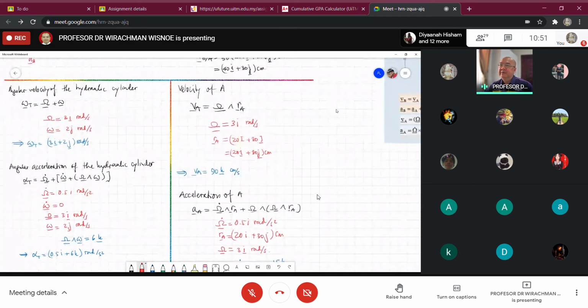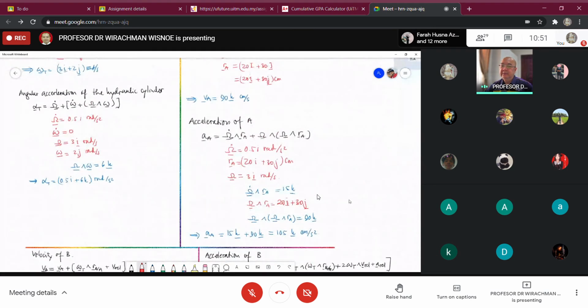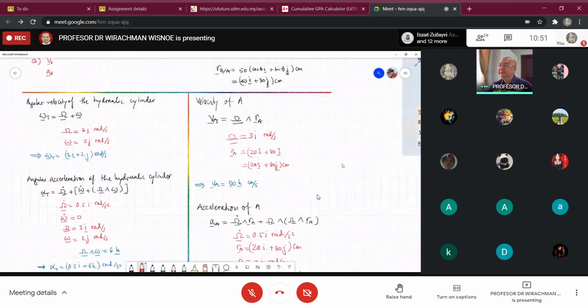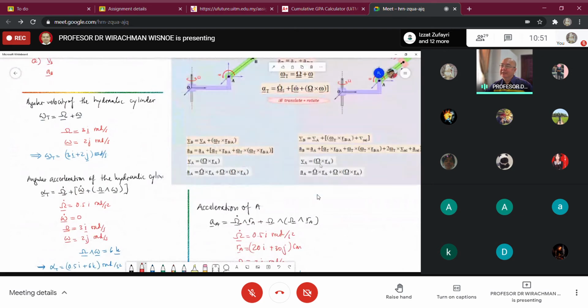So let's say we want to calculate VB. Okay, so this is the plan. To calculate VB, I need to obtain VA, the cross product of this, and the relative velocity of point B.